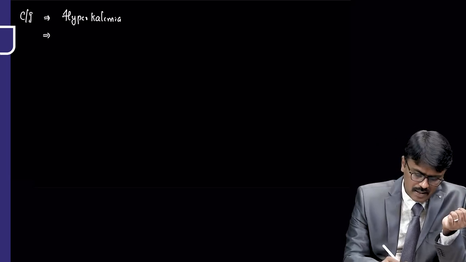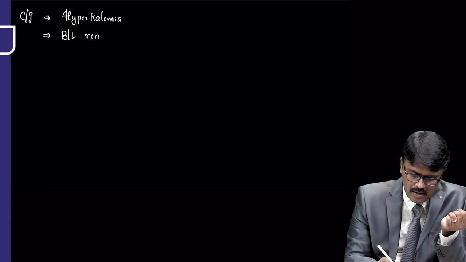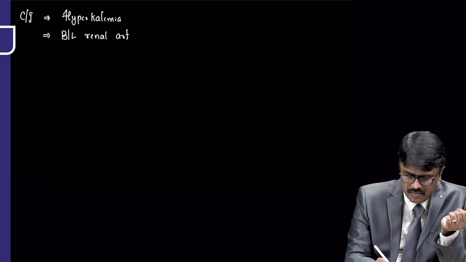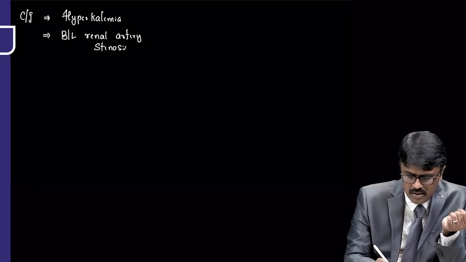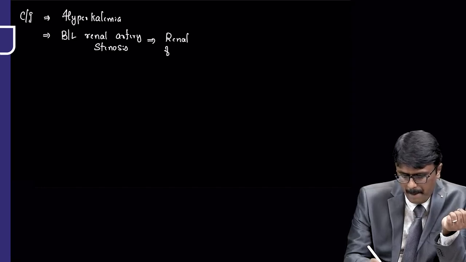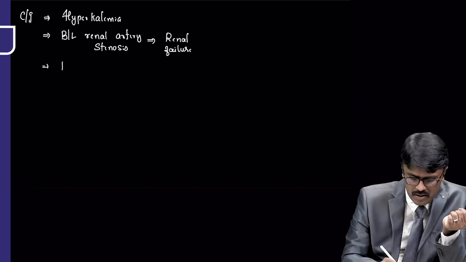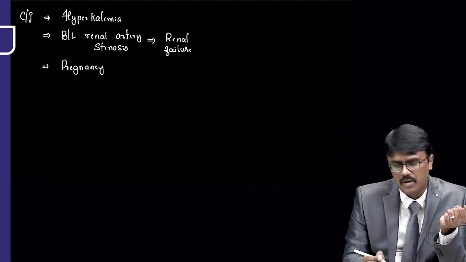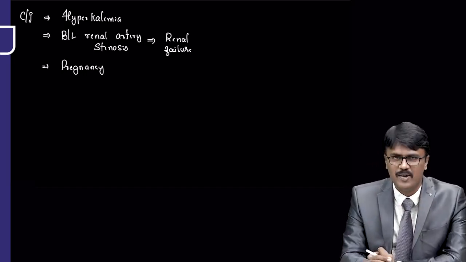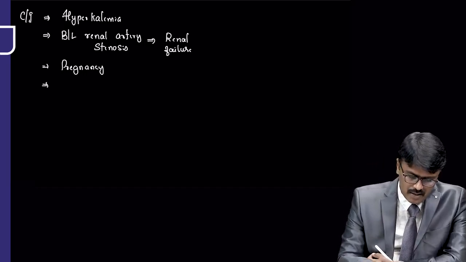Second, if the patient has bilateral renal artery stenosis, if you give the drug, the patient may end up with renal failure. Number 3, we should not use it in pregnancy, because it is a teratogenic drug.